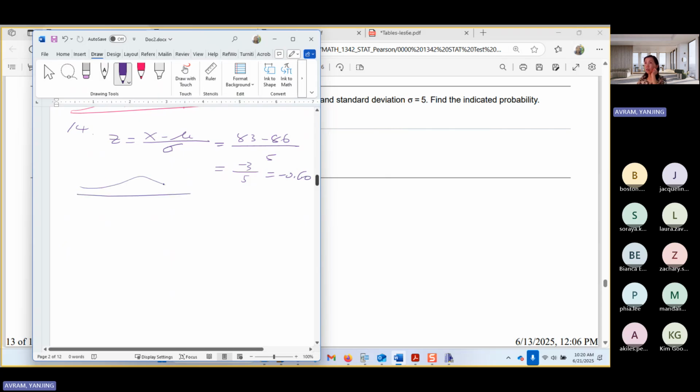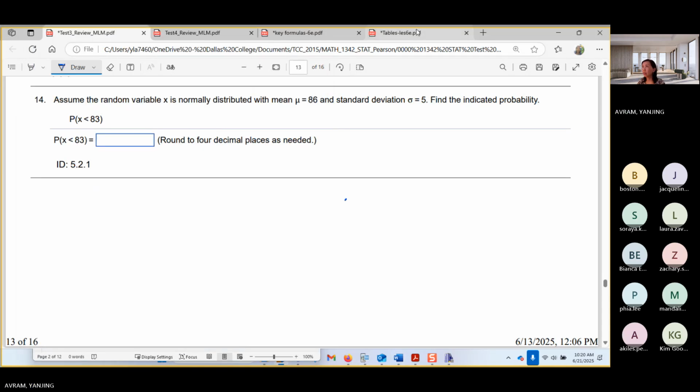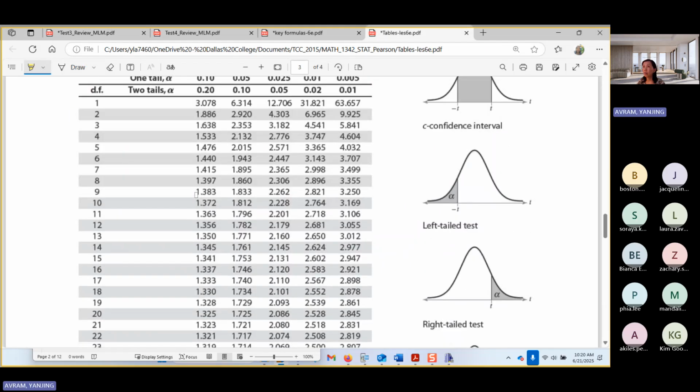Or you can look at a bell curve. That's the mu, 86, and 83 x is on the left. That's area to the left. So you just find the area when the z-score is -0.6.